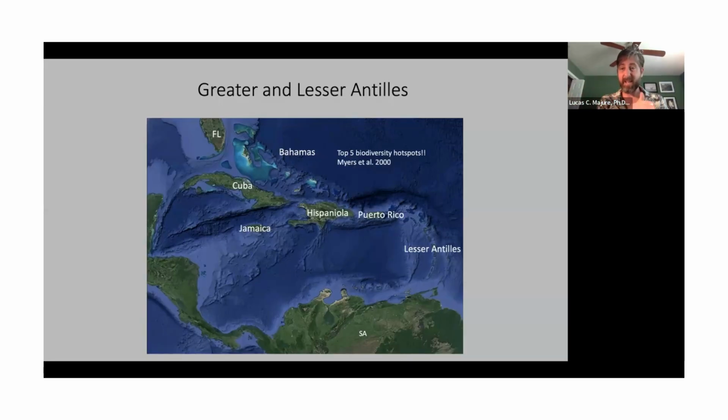And for cacti on some of the islands, as I'll show you in a little bit, that level of endemicity might be 70, 80%. And so it's an incredibly interesting area from the standpoint of plant evolution and trying to understand how these areas have been occupied by plants, how those plant communities have developed over hundreds of thousands to millions of years.